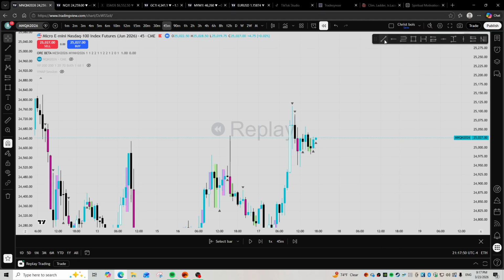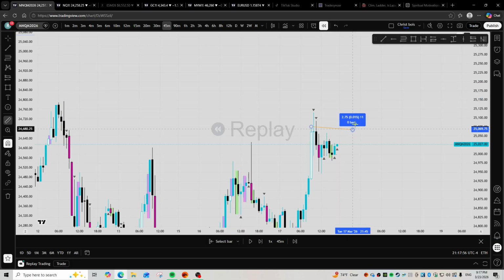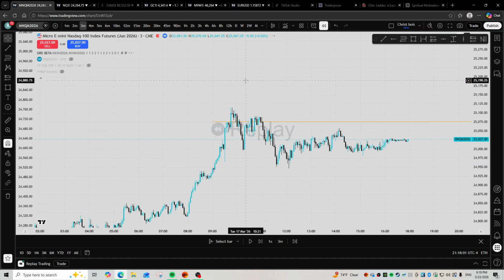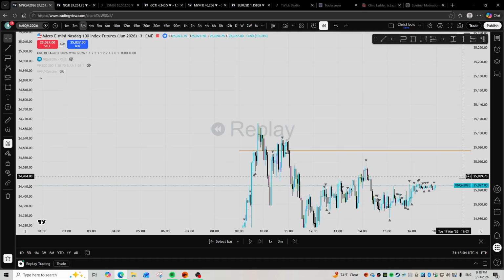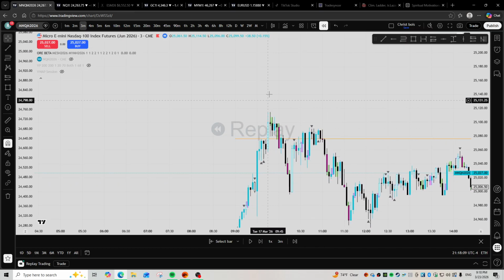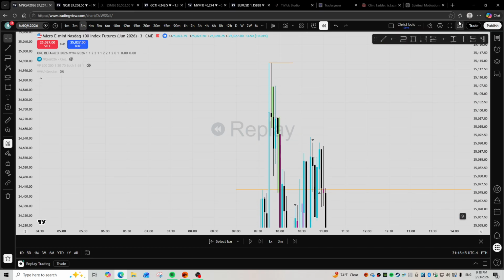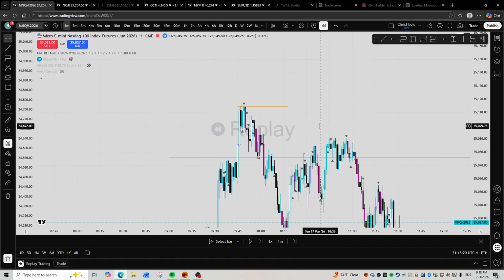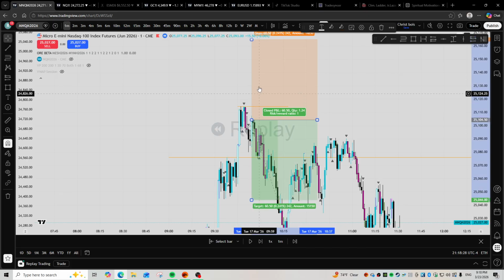Price did that, followed by this 3-minute. And then we got the sell-side of lows, and I got in at a beautiful fill right here, right?